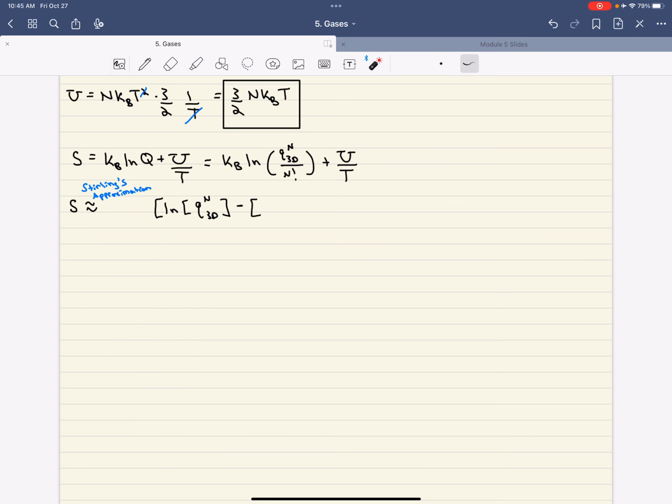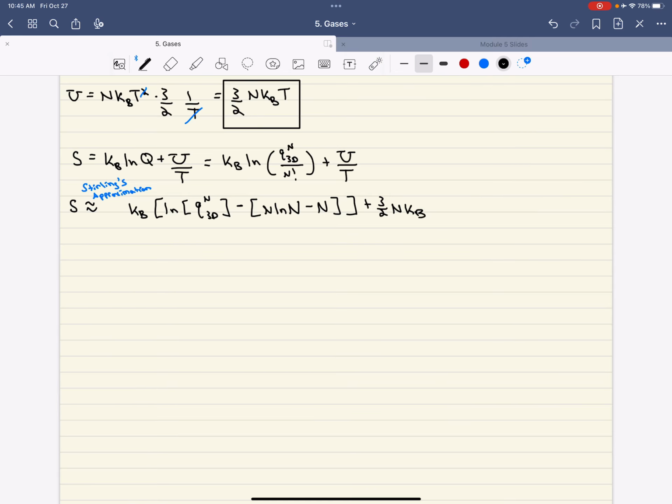The natural log of n factorial we could write as n ln n minus n. So we just employed Stirling's approximation there. We have kB out here, and for U over T, since we previously figured out what U is, when we divide it by T, we're just going to get 3/2 n kB.